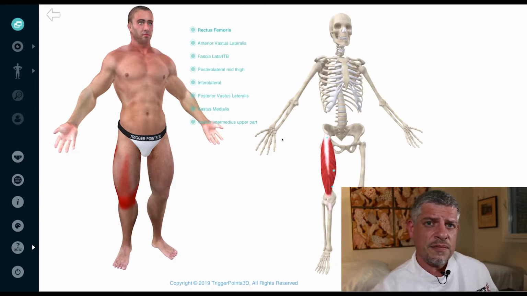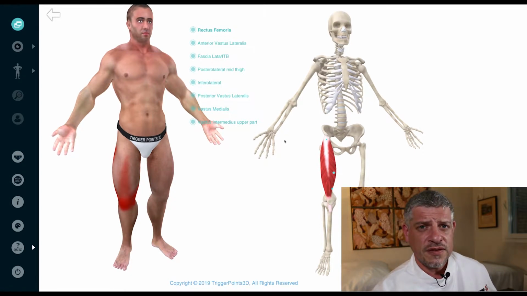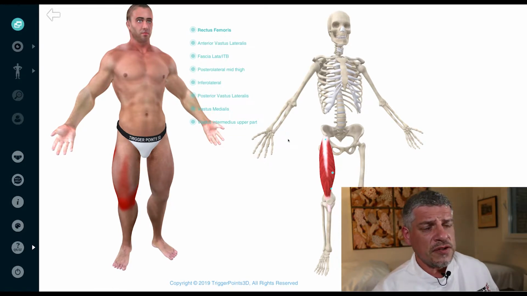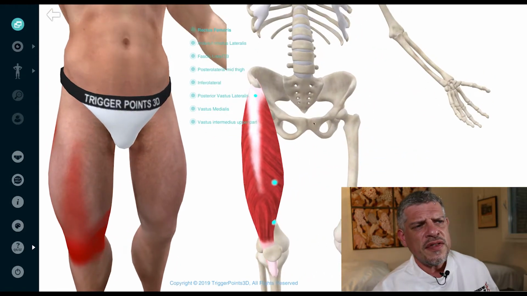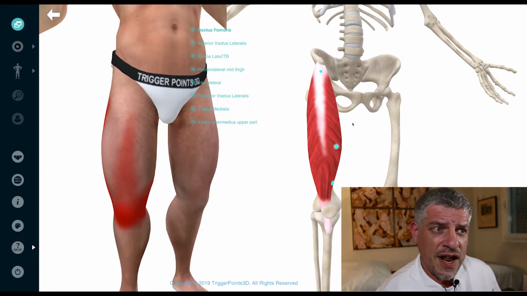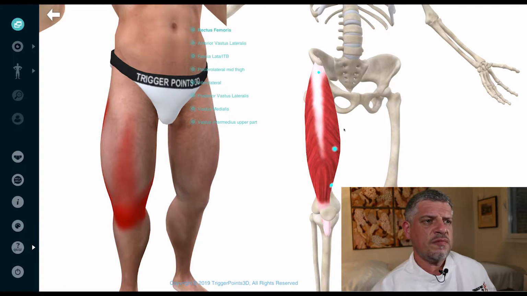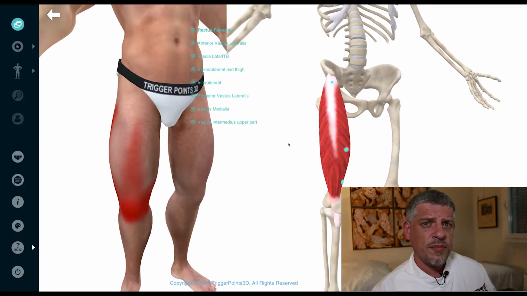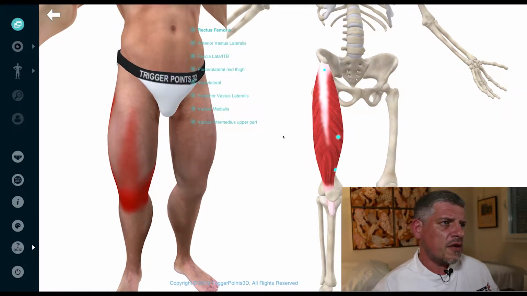So anyone that presents with hip flexion difficulties or a flexed hip might come in with trigger points. An example of that is people with OA hip that come in with this slightly flexed forward protective posture, often with knee pain, which in my experience is often associated with trigger points in the quads.